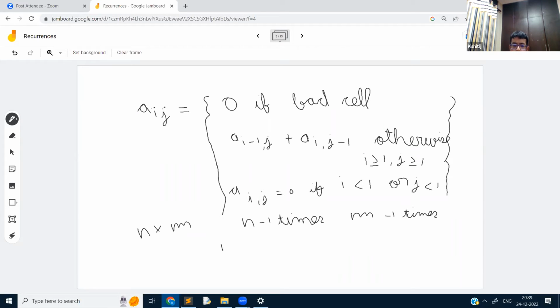So now in total, we take n plus m minus 2 steps, and we can take these steps in any order. So out of these steps, any n minus 1 can be right, and any m minus 1 can be up. So the number of ways comes out to be C(n+m−2, n−1). So can everyone understand this formula? If all cells are good, you can visit all cells. Yeah.